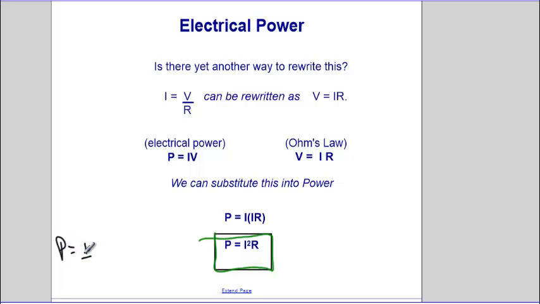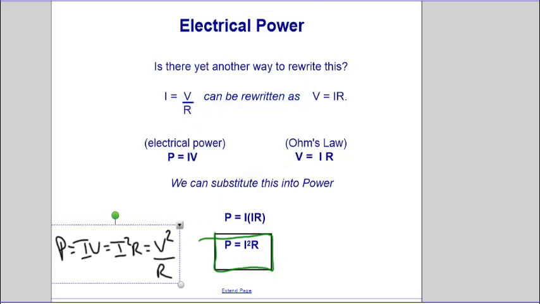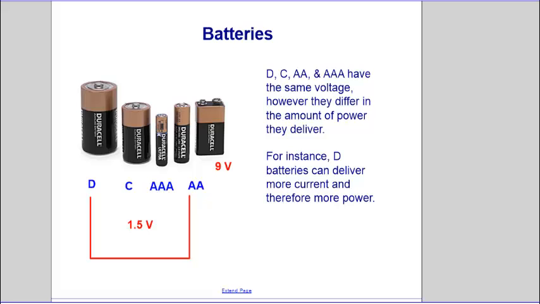Power is I times V, is I squared times R, is V squared over R. Let's just highlight the whole thing. Copy it, and we'll pull that back out soon enough.